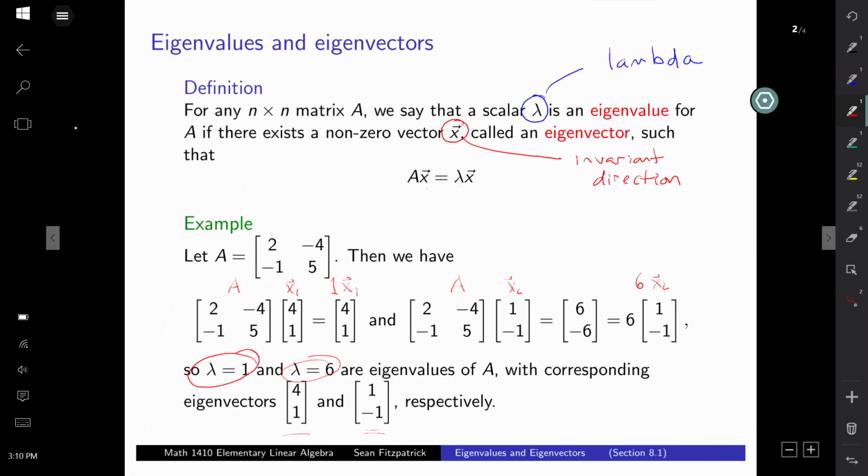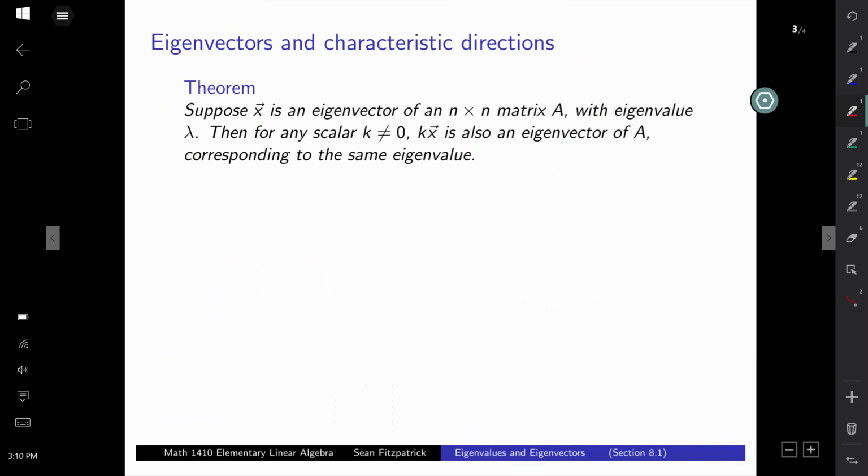So I could take, say, (8, 4), I could take (2, -2), or maybe I want to swap the signs here and I do (-1, 1). So once I've got one eigenvector, any scalar multiple of that eigenvector will still be an eigenvector for that same eigenvalue. Okay, so the proof is simple.